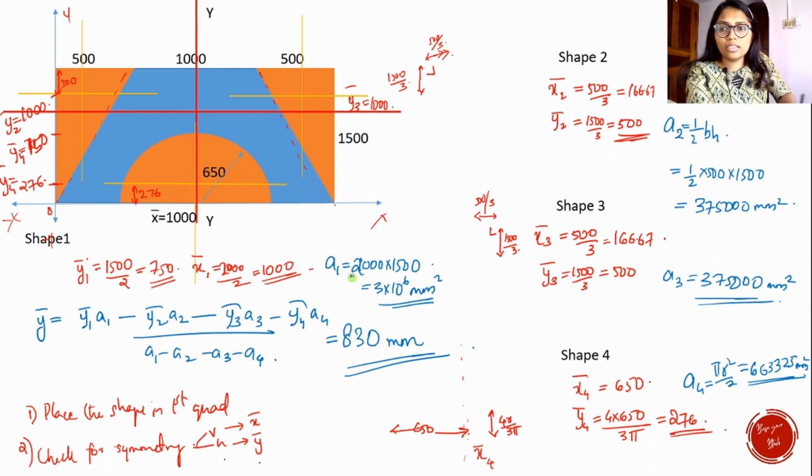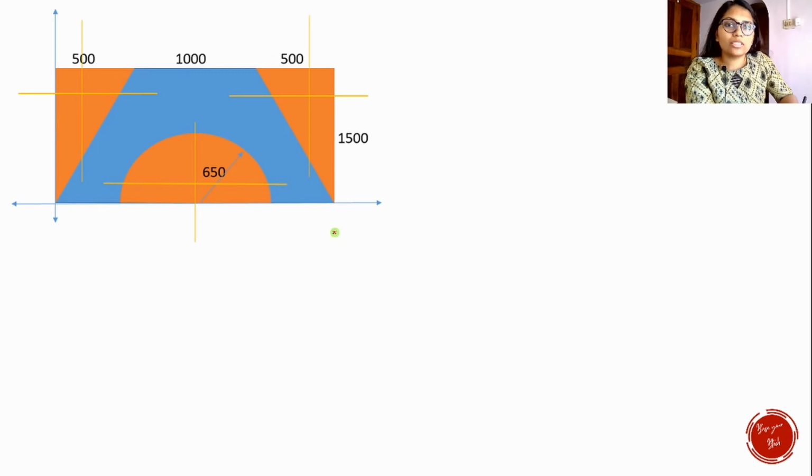So about this position, see, this is your 830 millimeter, the location of y bar, and this intersection will give you the exact centroid. The x coordinate of this point is 1000, comma, what is that? 830. Okay, so this is the x bar and y bar for your concrete culvert. So 40% of the question is almost done.